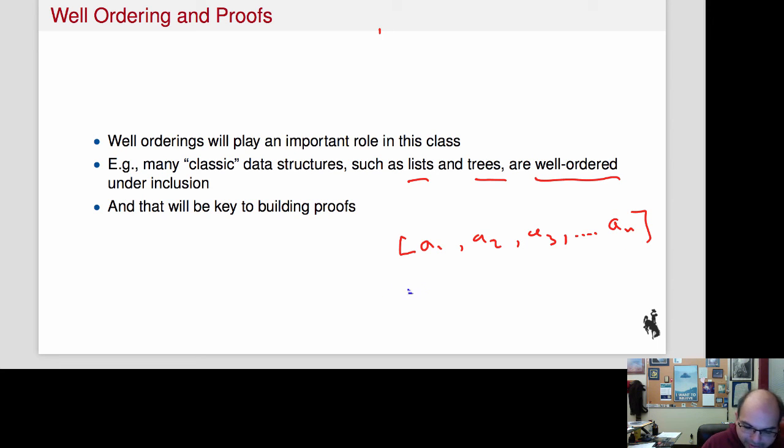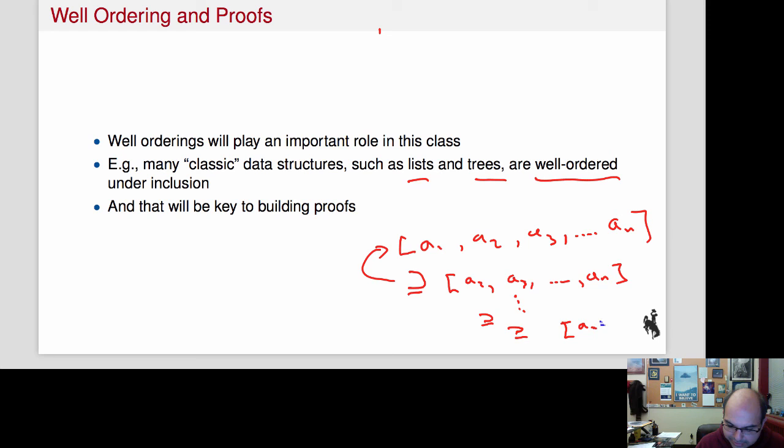If I look at a sublist like A2, A3 up to A sub n, this is a sublist of that one. You can see that this is a well ordering because if I just keep doing this, eventually I run out of elements. So lists are well ordered under this simple principle of inclusion.